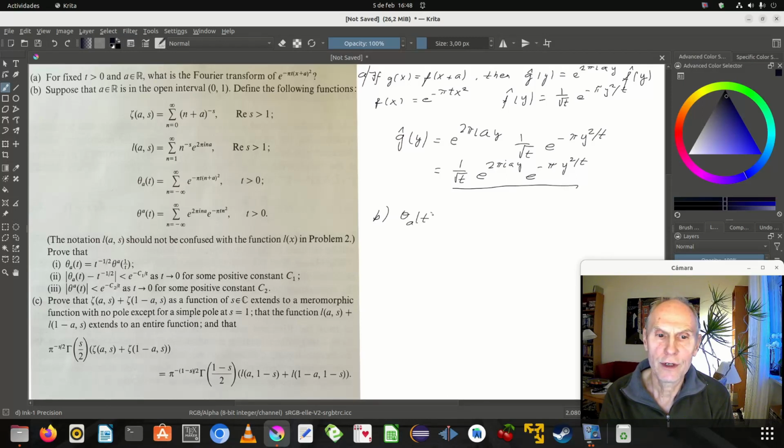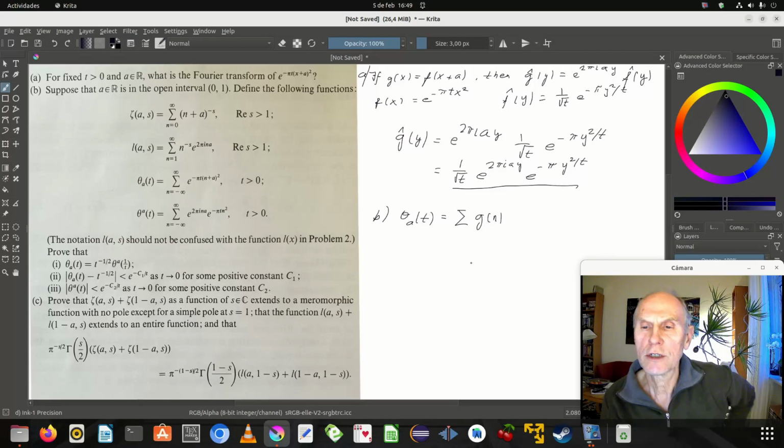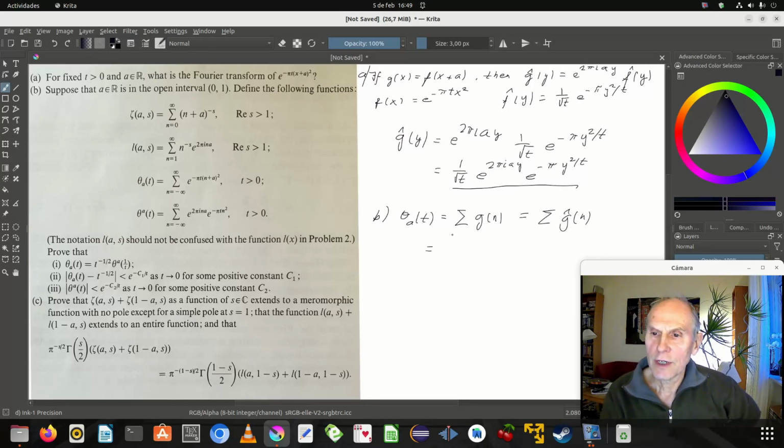Theta A of t equals the sum of g over all integers n, and that's equal to the sum of the Fourier transform over all integers, and that's actually given here. And for y we take all n.